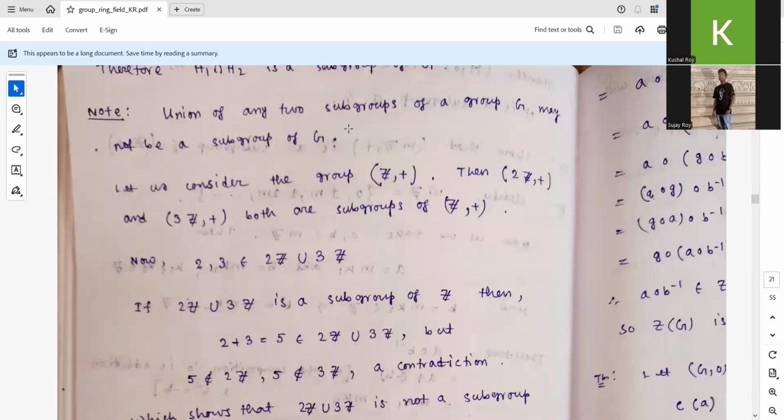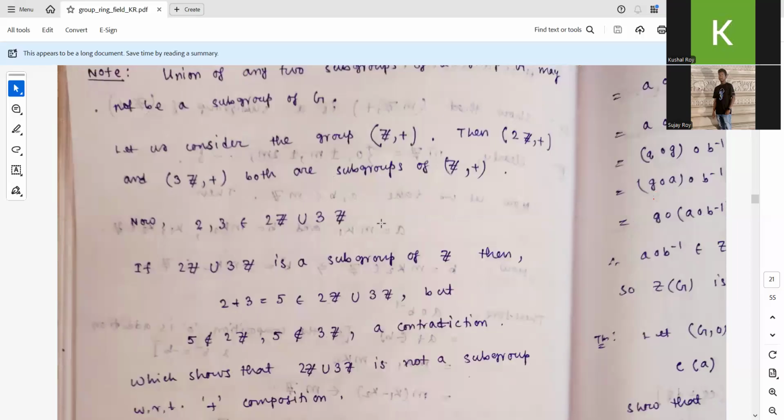Now, the union of two subgroups may not be a subgroup. The union of two subgroups can sometimes form a subgroup, but most of the times the union of two subgroups may not form a subgroup. So let us consider two subgroups of Z plus, 2Z plus and 3Z plus. 2Z means the collection of all even integers, and 3Z means the collection of all the integers which are multiples of 3.